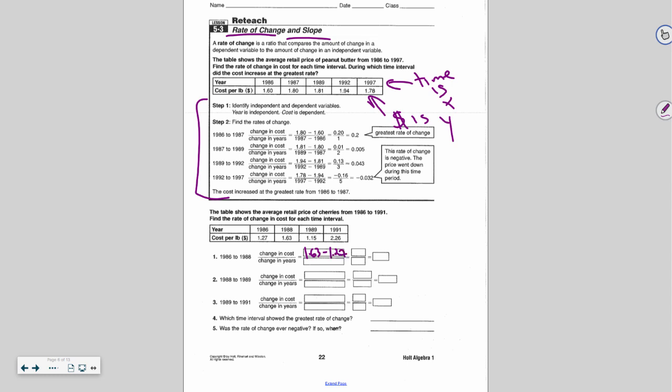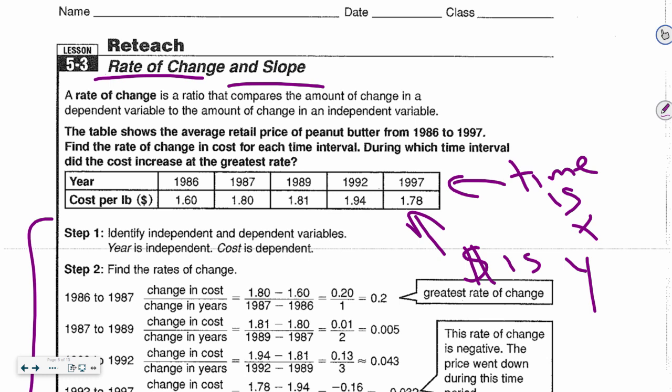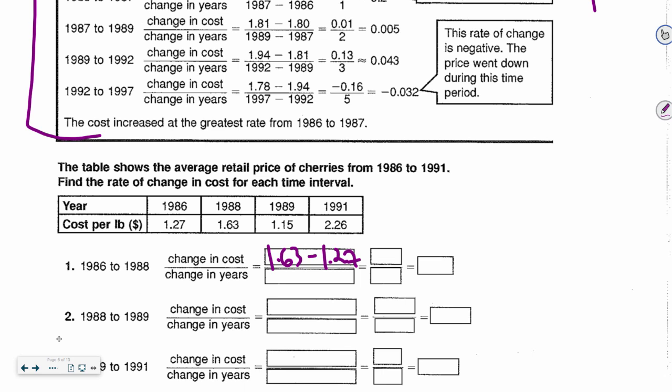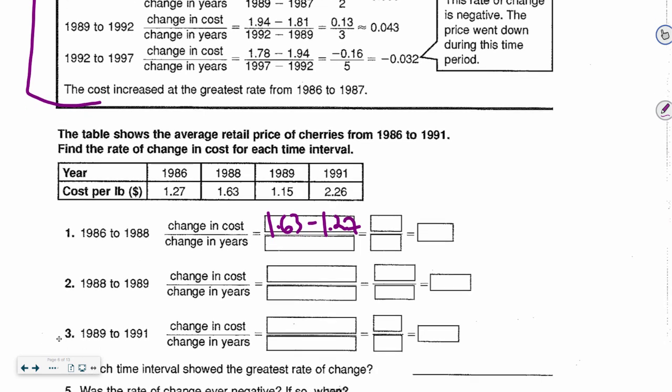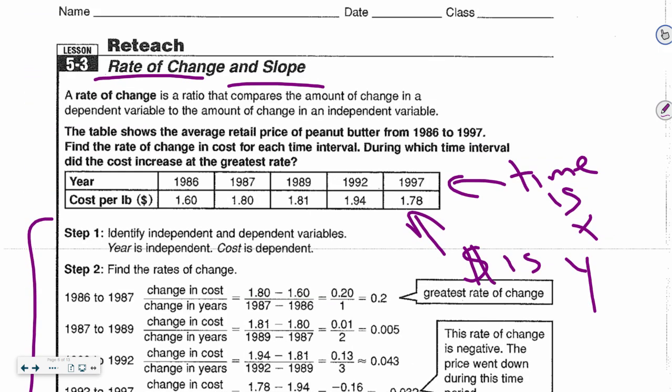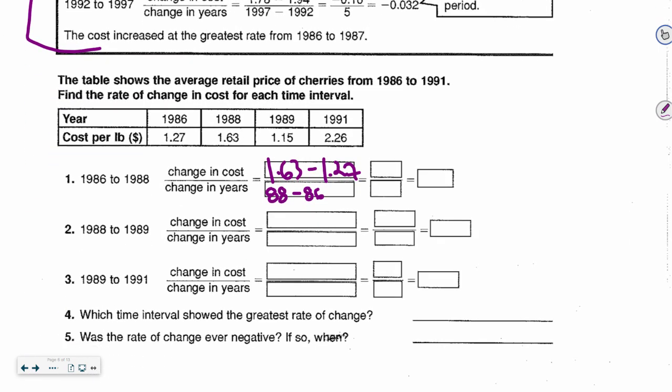So to find the change, we're going to subtract those, and then we're going to find the change in years, which is as simple as 88 minus 86. So when you do the math on that, you get 0.36 over 2, which is a rate of 18 cents per year.